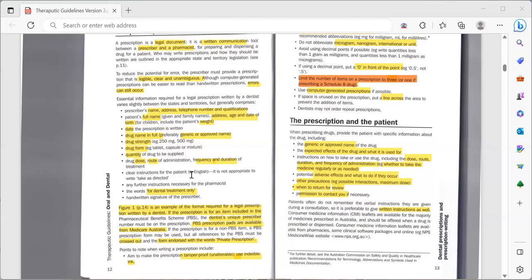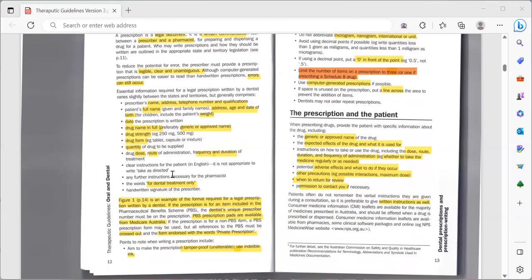Then clear instructions for the patient, for example, when you're prescribing metronidazole to the patient, you can also write do not take alcohol with it. You can write the instructions to the patient on the prescription.